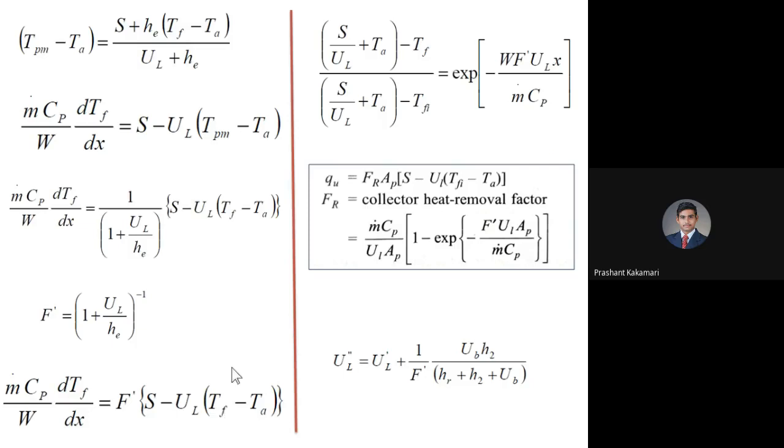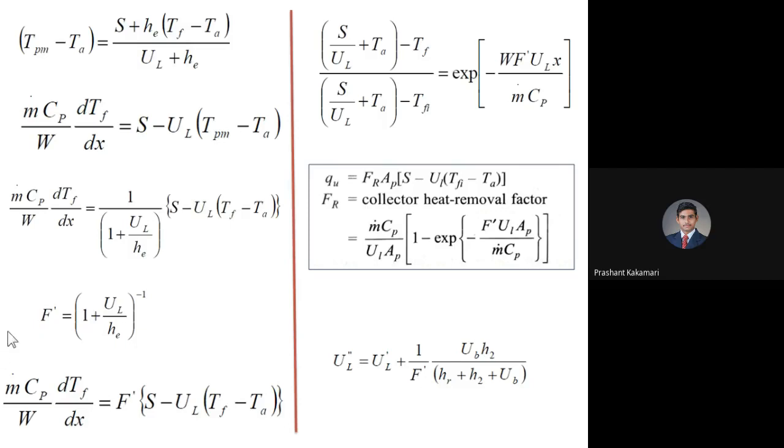Or the absorber plate itself is at fluid mean temperature, then I can call this term 1 by 1 plus UL by HE as F dash, or I can write it as 1 plus UL by HE raised to minus 1 as F dash, because inside the bracket the temperature difference is with respect to mean fluid temperature and the ambient temperature. So I am recalling this as the collector efficiency factor.